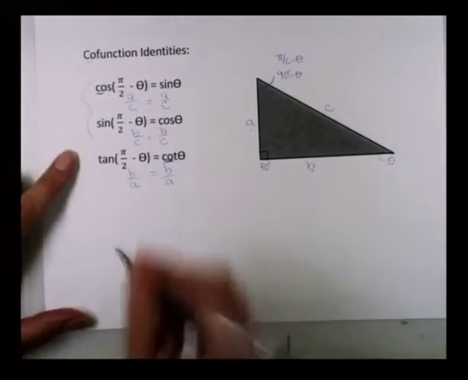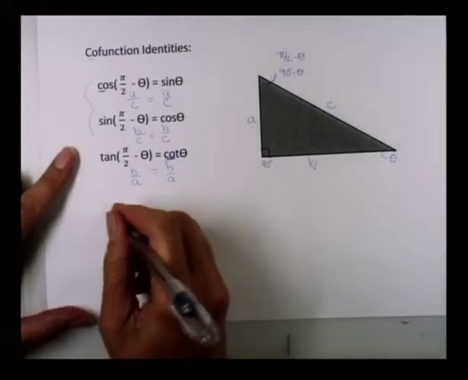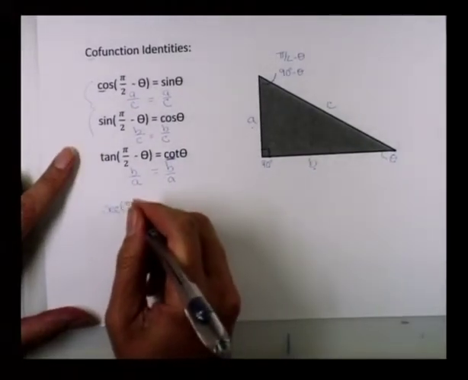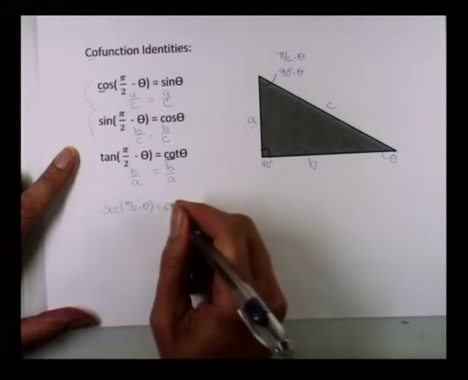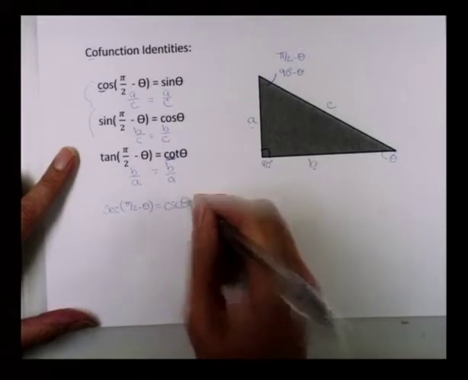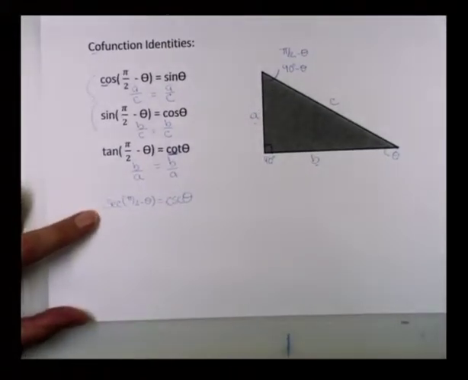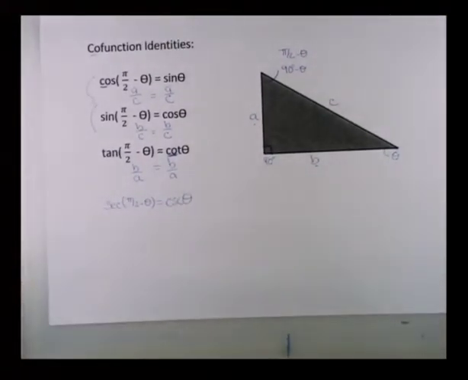The other one we could look at is the secant of pi over 2 minus theta, which would be equal to the cosecant of theta. We don't use that one, but the property does still hold. So let's use the stuff that we've learned so far and look at some problems.